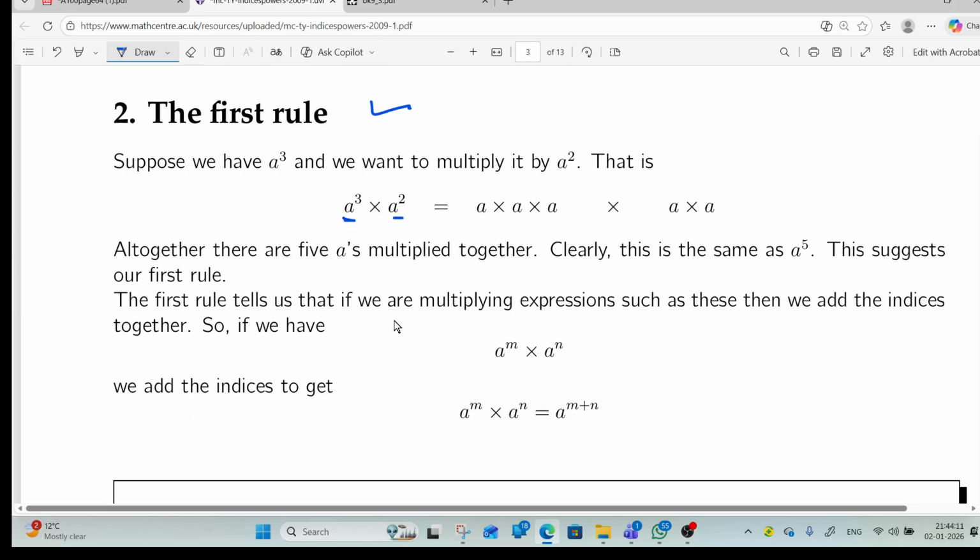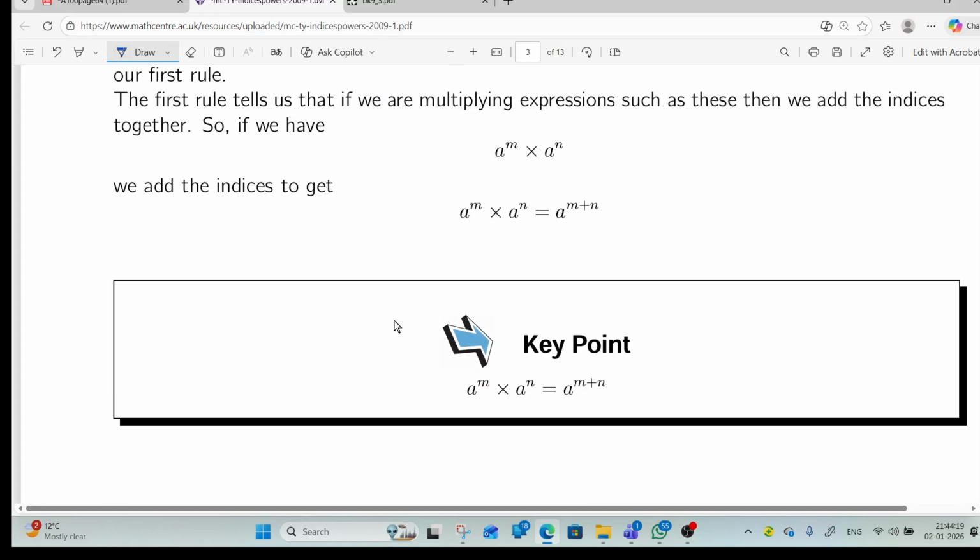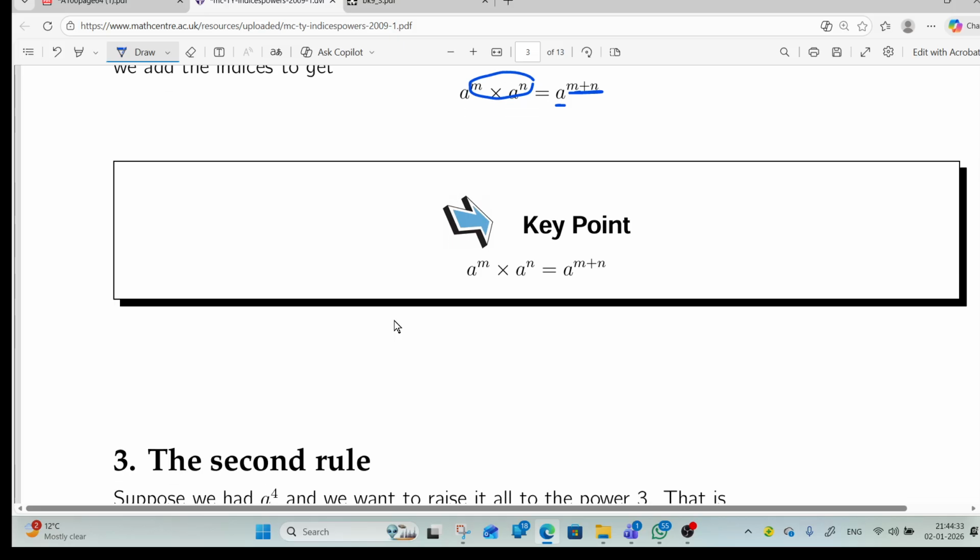They both have the same base, a and a, right? So we add the powers, 3 plus 2, and the answer would be a to the power 5. So the first rule is: if we have the same base, a^m times a^n, we add the powers, m plus n, and write the base once.